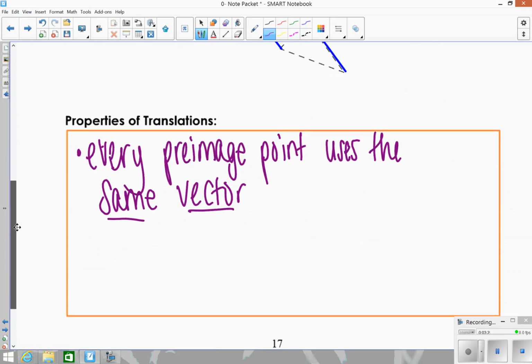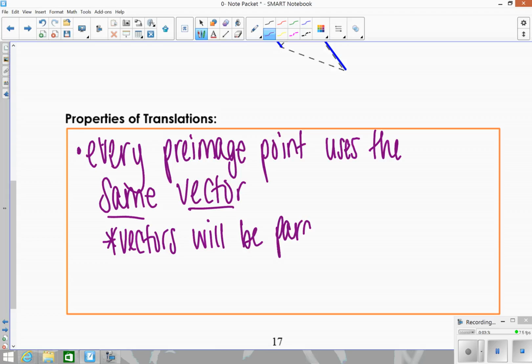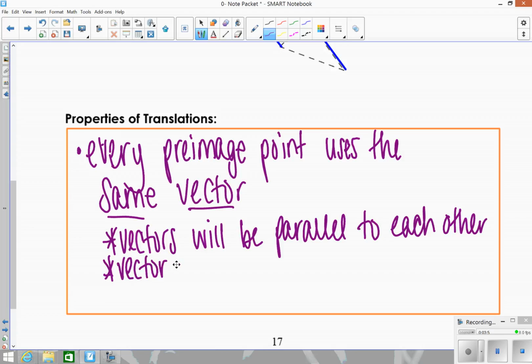And then remember that the vectors are going to be parallel to each other. So I'm going to add that. So vectors will be parallel. The vectors will be going in the same direction. So vectors go in the same direction.